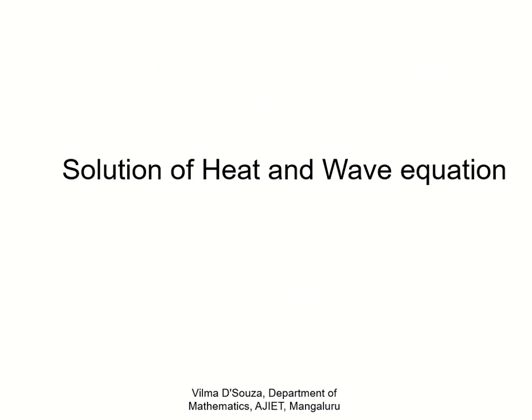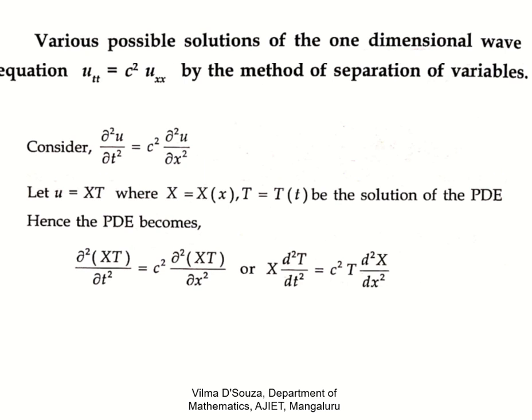So today in this video session I will be discussing the solution of the heat equation as well as the solution of the wave equation. The solutions of both the heat and wave equations are found using the variable separable method.